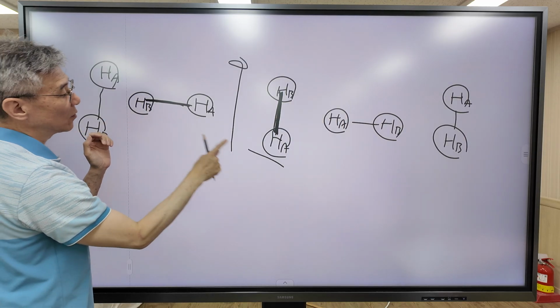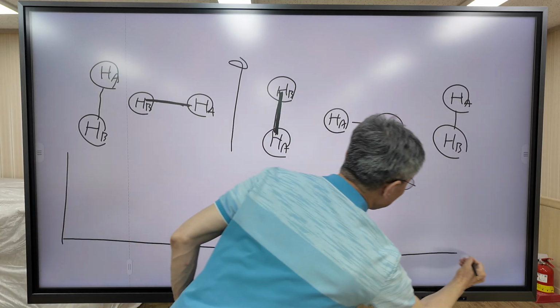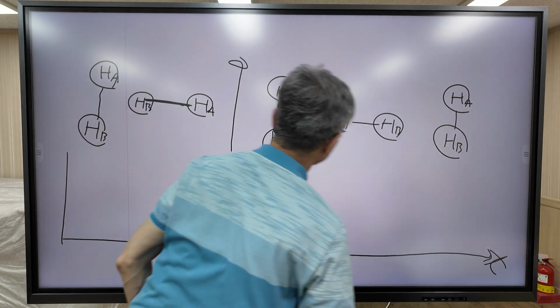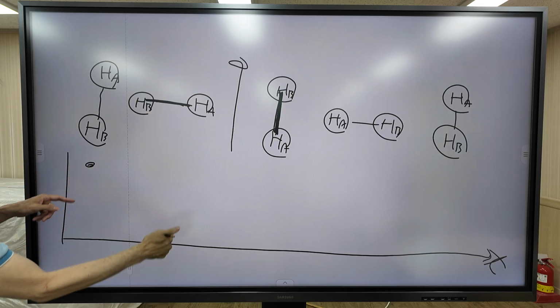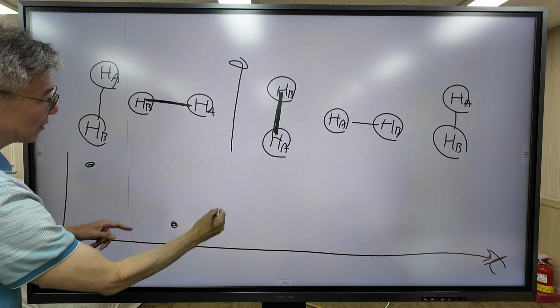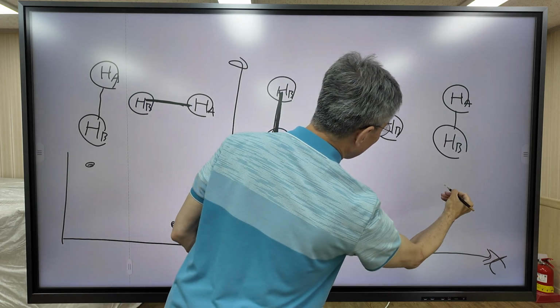So when you draw polarizability, in this case polarizability is high. In this case, polarizability is low. In this case, polarizability is high again, low, high.